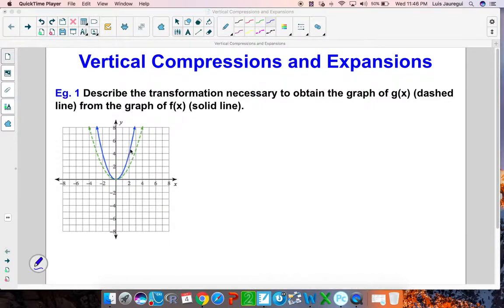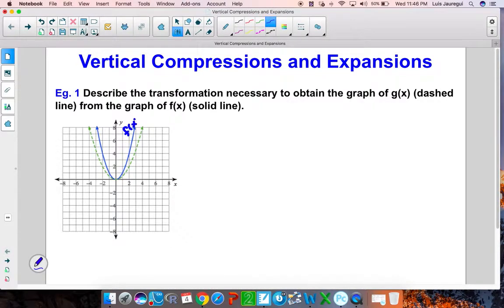So in this case, our blue function is our f of x. That's our original one. And our new one, the green dashed one, is g of x. In particular, we know that g of x will have the form c times f of x because we are dealing with vertical transformations.